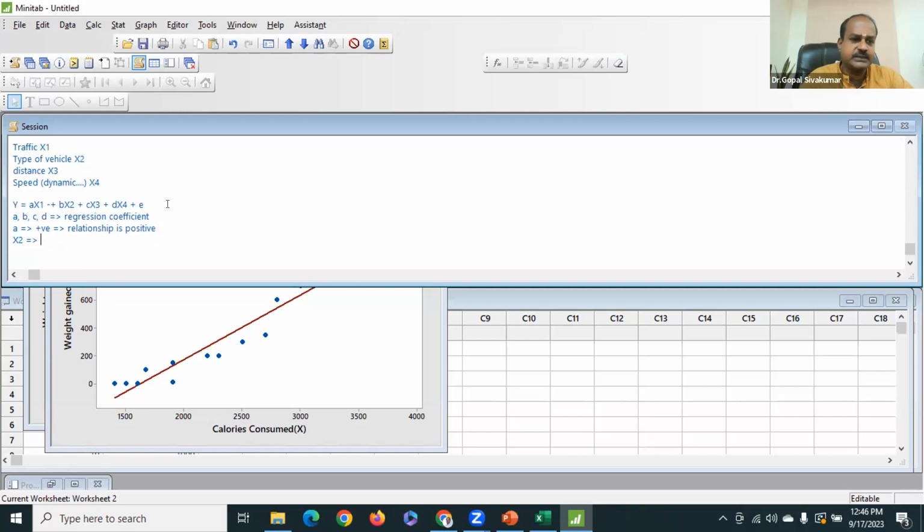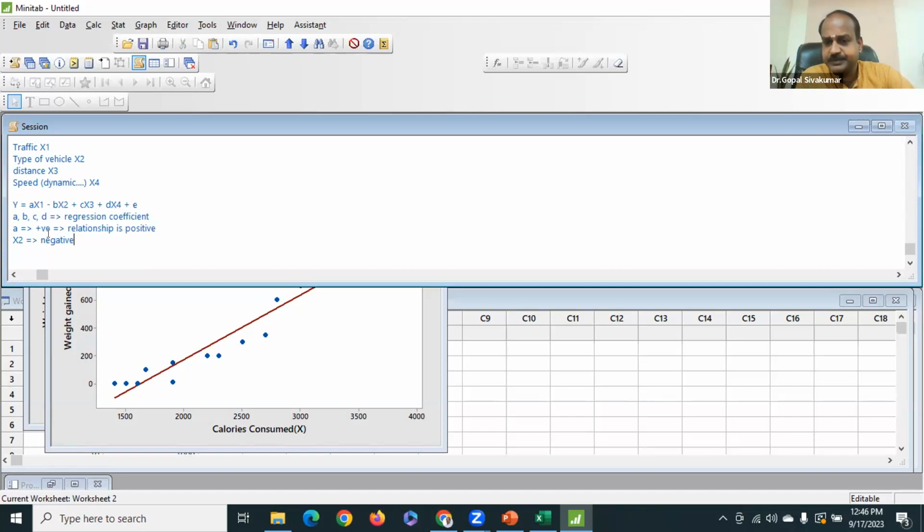I have changed the equation. Now, what is the relationship between x2 and y? Negative. Yeah, now it is negative. So, how do you understand this? By looking at the signature of the regression coefficient.